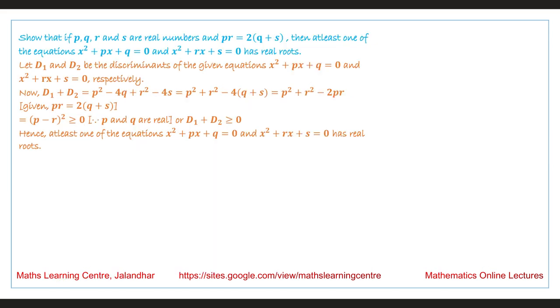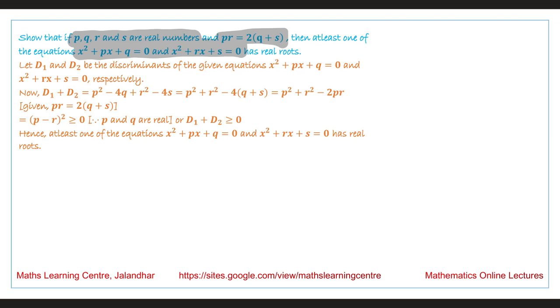Next is: show that if p, q, r and s are real numbers, and pr is equal to 2 times (q plus s), then at least one of the two quadratic equations given to us has a real root.